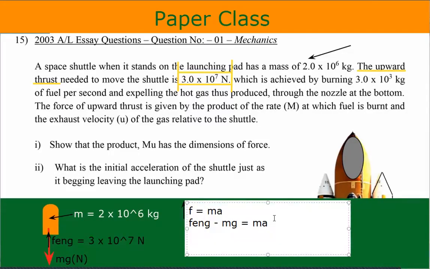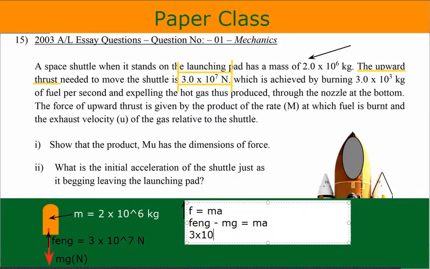The force given by the engine is 3 into 10 to the power 7, minus mass of the rocket, 2 into 10 to the power 6, into simple g. The value of g is 10, equals again mass of the rocket.